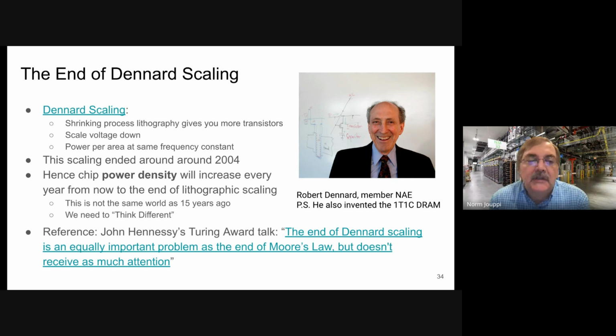As the chip density increases, in the old days the power would go down if the voltage was also scaled, and that's how we got from 12 volt MOS to 5 volt MOS to 3.3 and 2.5, etc. But now we can't lower the voltage anymore, and so we don't have this nice property of the power remaining constant while the compute goes up.